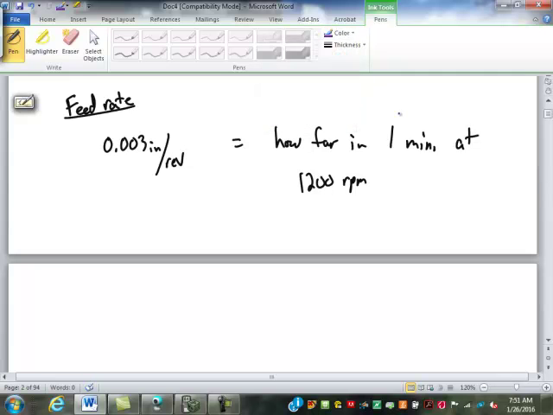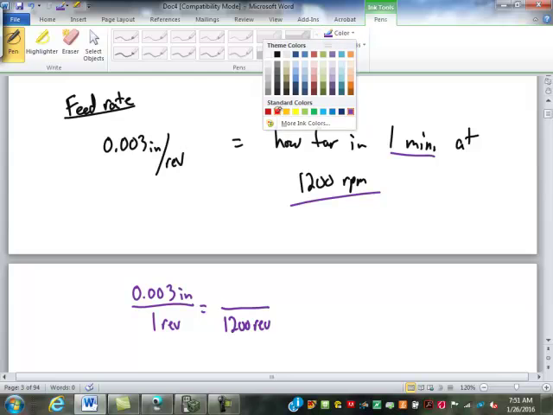In other words, what I'm asking here, if you have, this is actually a rate, not a ratio, of 0.007 per 1 revolution. 1 minute at 1200 RPMs is asking how far it's going to go in 1200 revolutions, because 1200 RPMs is 1200 revolutions per minute.